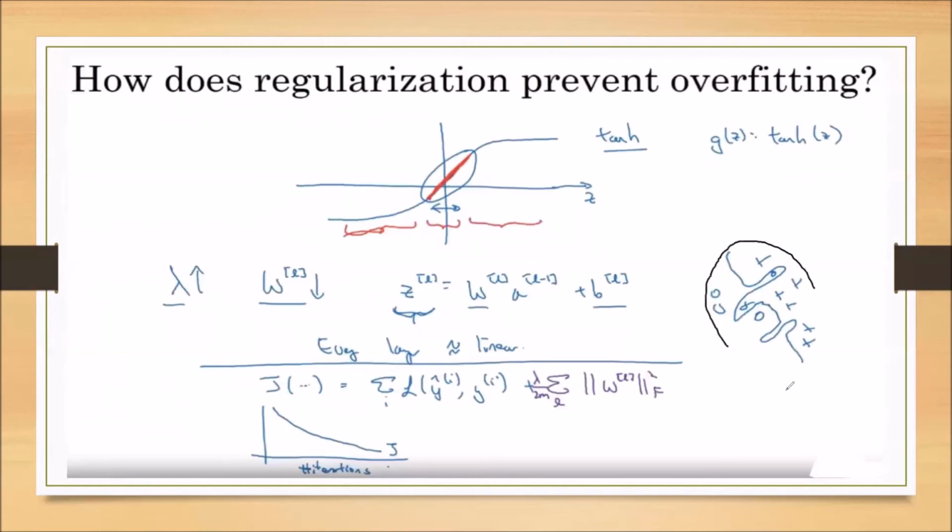Before, the classifier may have been non-linear, but because of the introduction of the regularization term, it will behave like a linear one in that small region where the z value is very low. Why is z very low? Because W is very low. Why is W very low? Because lambda is very high. This is how we are preventing the overfitting.